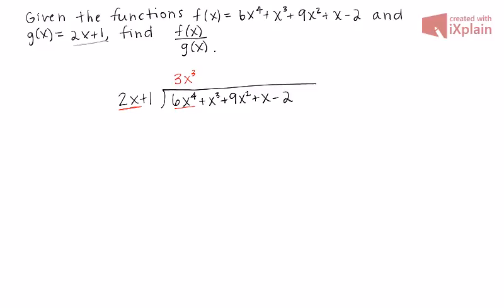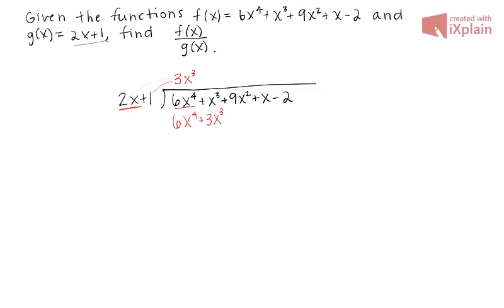Once you get your answer, 3x cubed, you now need to do 2x times 3x cubed, which is 6x to the fourth. You also must do 1 times 3x cubed, which is 3x cubed. Once you have that, you're going to then subtract.